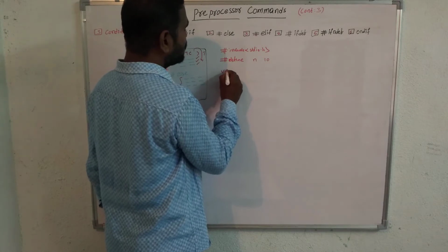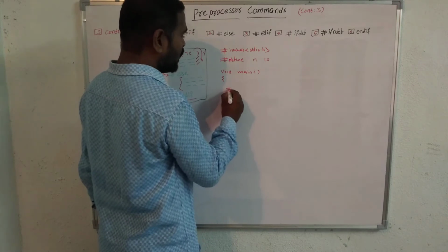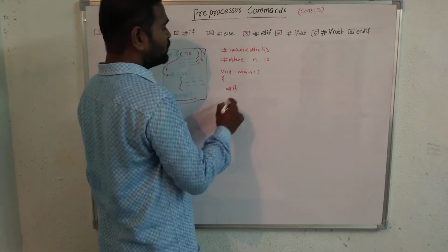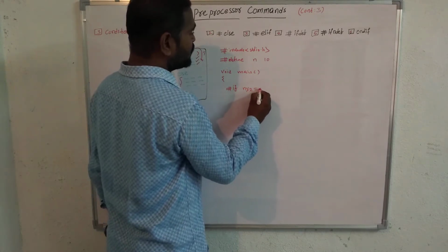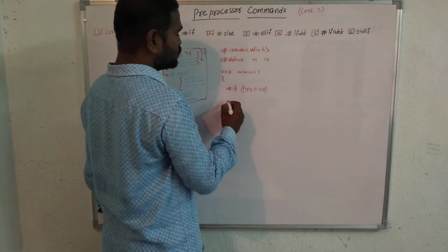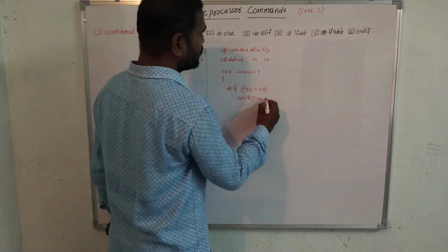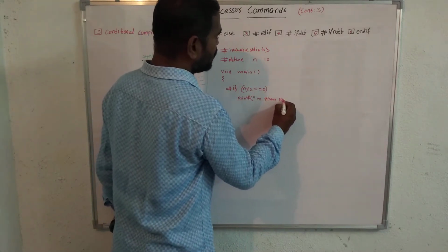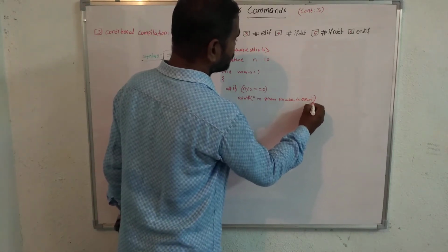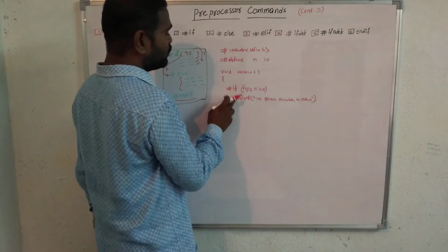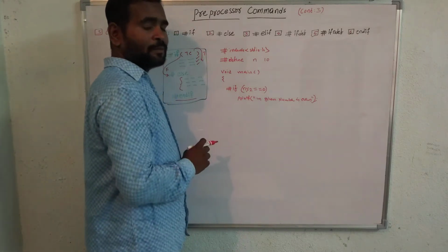Now void main. Here #if N % 2 == 0, printf "given number is even". Here there is no need to mention curly braces, even if you have used multiple statements.